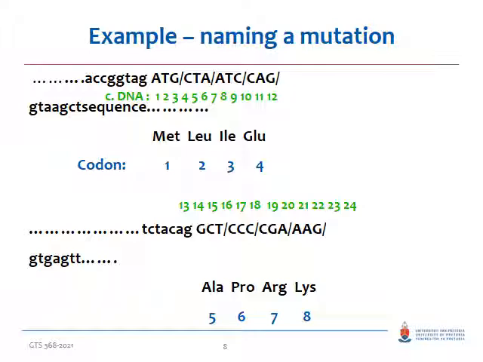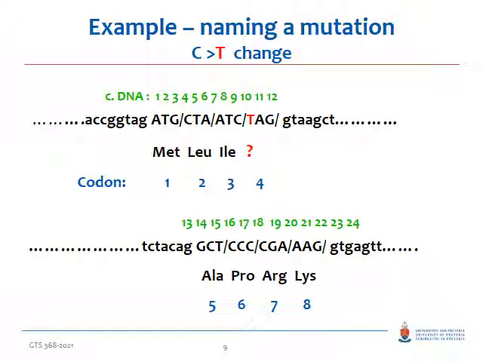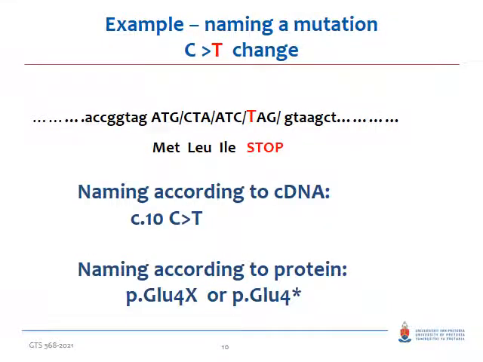The protein sequence is shown corresponding to the nucleotide sequence and numbered codon 1, 2, 3, 4, etc. In this case, a C is replaced by a T, resulting in a stop codon. TAG, TGA, and TAA are all stop codons.